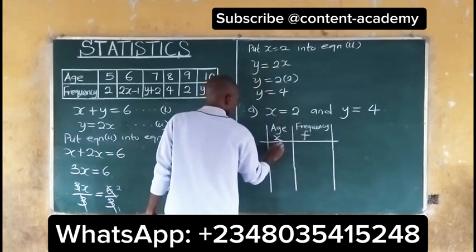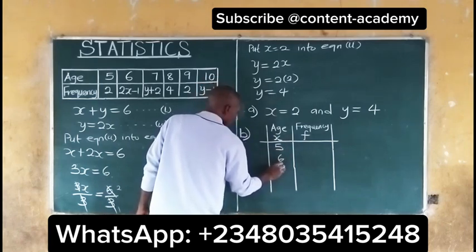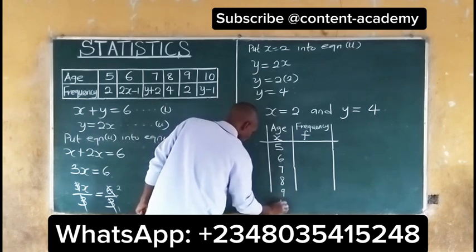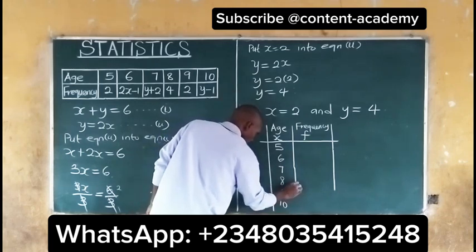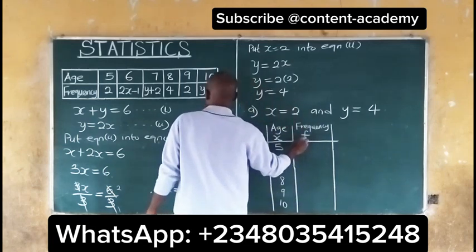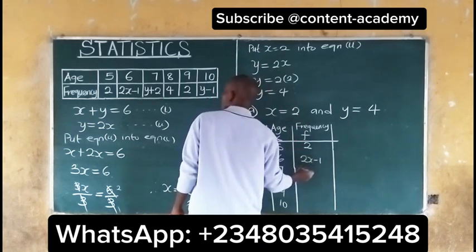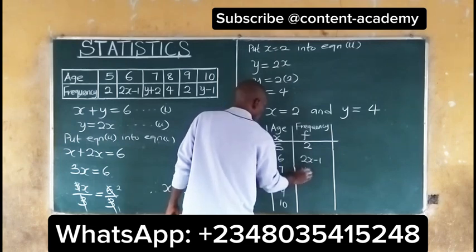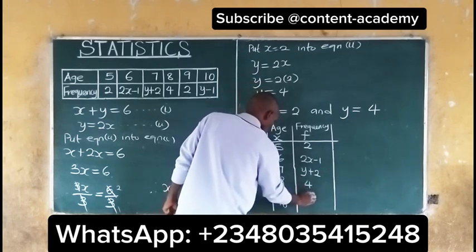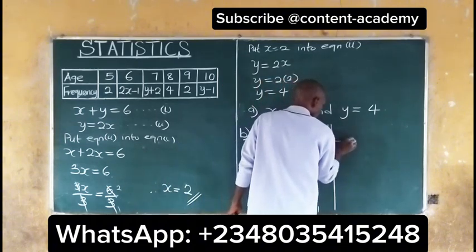For the age, we have 5, 6, 7, 8, 9, and 10. For the frequency, we have 2, 2x minus 1, y plus 2, 4, 2, and y minus 1.